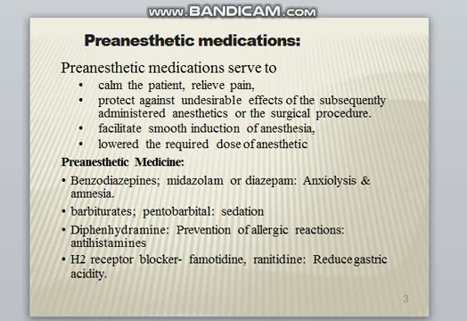Next, we can give H2 receptor blockers like famotidine, ranitidine to reduce the gastric acid. For the underlying conditions, we give pre-anesthetic medication before the surgery so that the patient will be ready for the surgery and for the anesthesia.